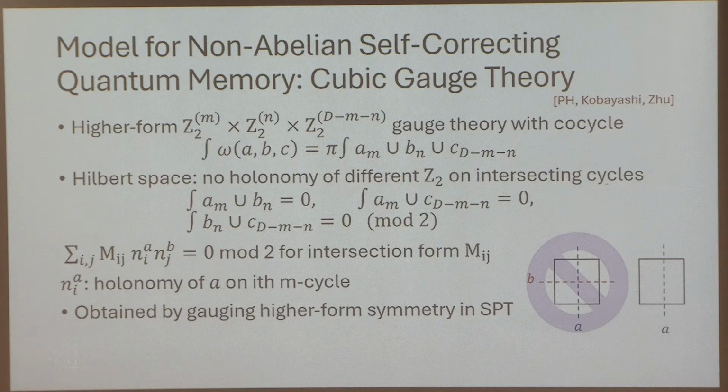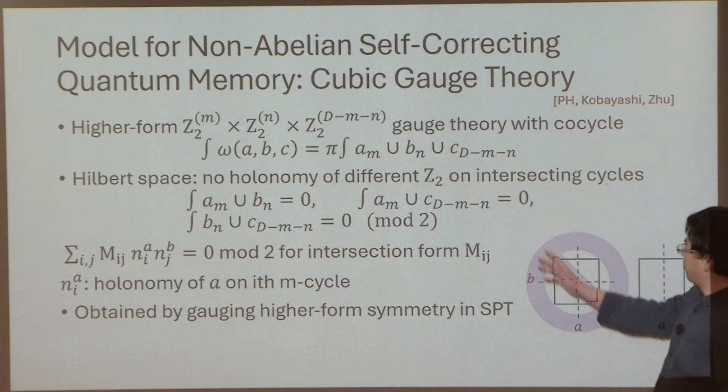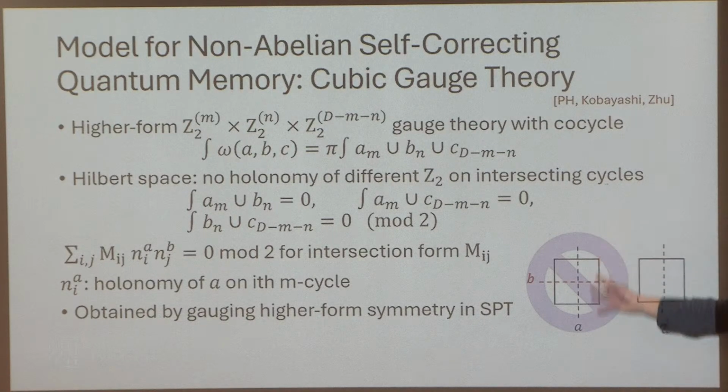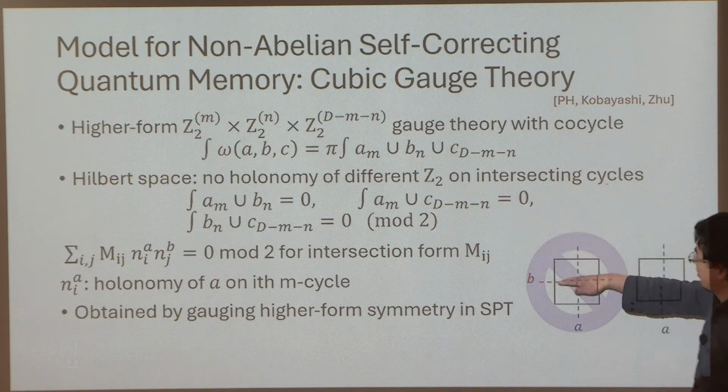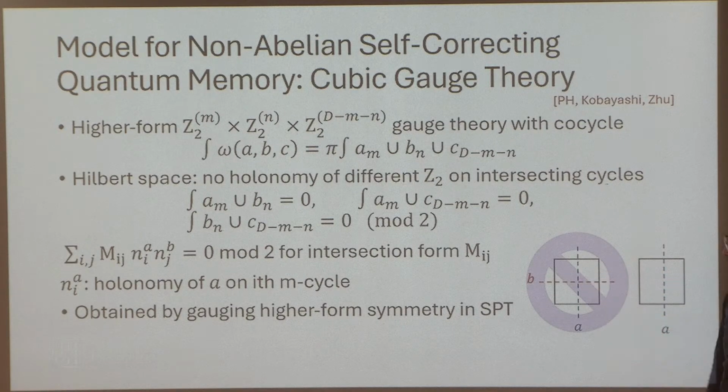More precisely, if you have a state where the Pauli-Z operators for the first Z2 along this direction equal -1, then the product of Pauli-Z operators for the other Z2s along the perpendicular direction cannot also be -1. It has to be +1. So you have this kind of selection rule for the correct ground states in this twisted gauge theory.